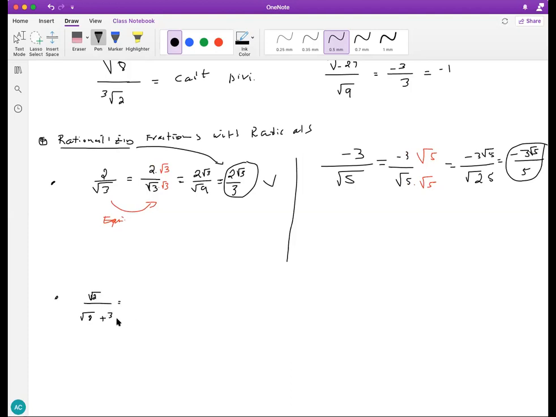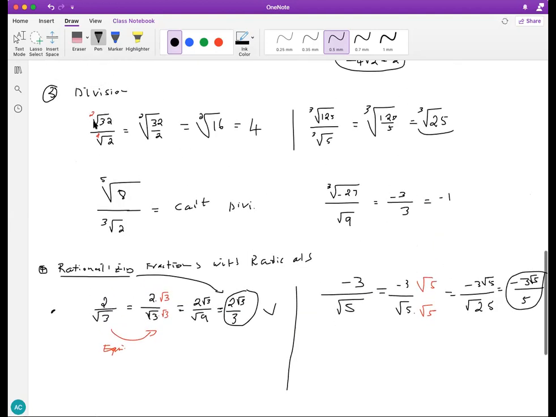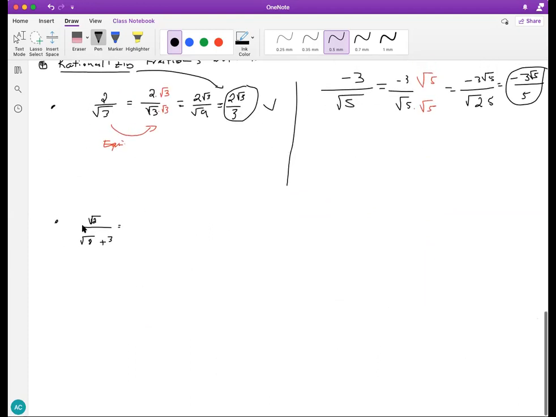Okay, so we want to rationalize this fraction or divide it. As always, if you want to divide, try to see if you can divide right away. If not, try to simplify. But here, you can't divide right away. This one has a radical, but this one does not. So we're going to have to do something else. Also, try to simplify if possible.